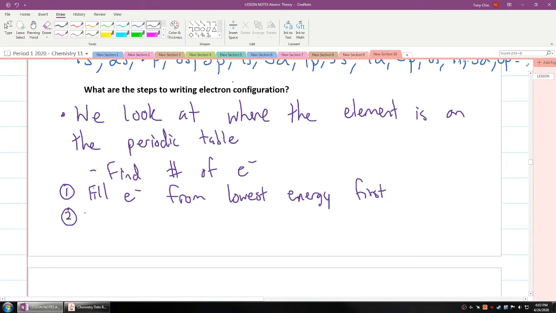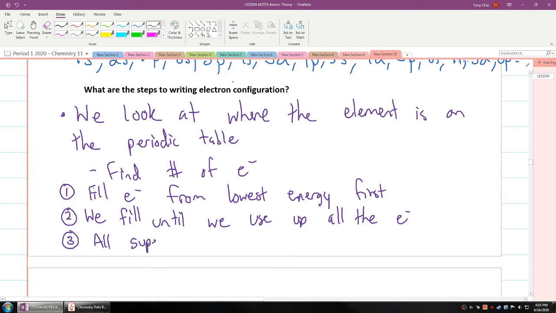Second step, we fill until we use up all the electrons. And third step, all superscripts, aka the exponents, should add up to the number of electrons.